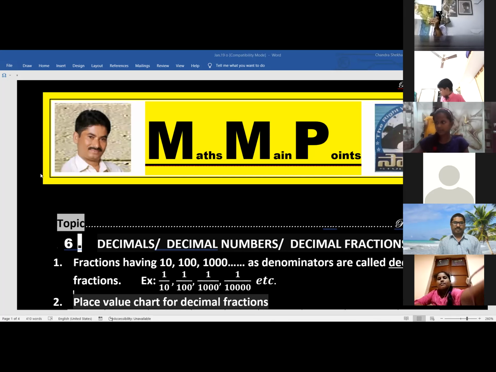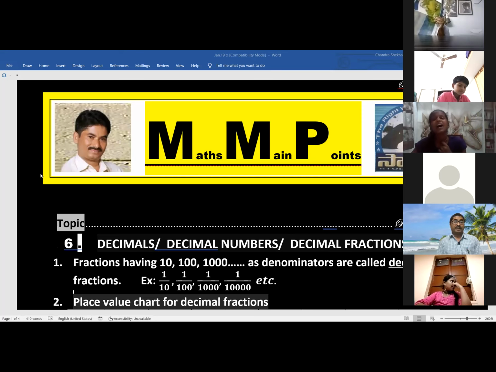Karthikeyan. 1/10 is equal to dash. In decimal number, 1/10.